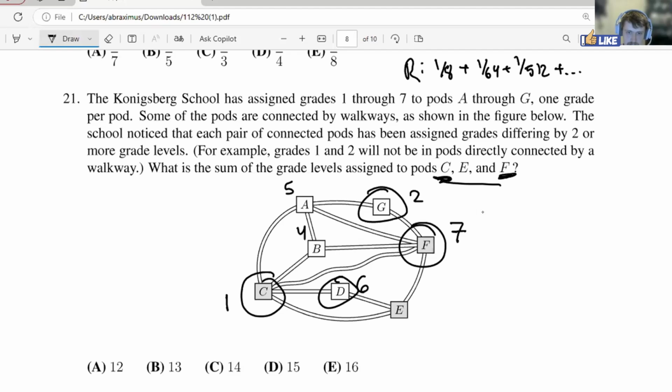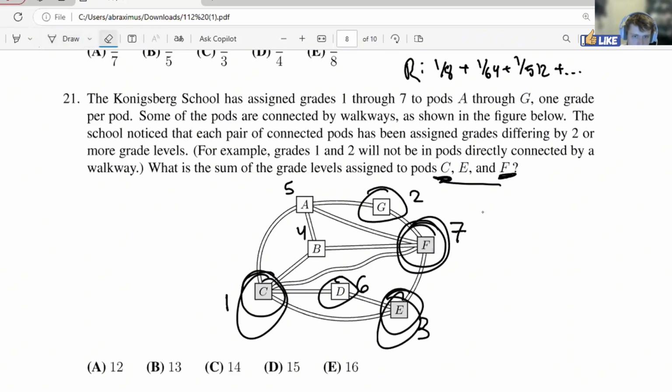I'll make this 4 and this 3. That looks good to me. So we're trying to add up these 3. That adds up to 11. That's not an answer. 4 and 5 can't be next to each other. Sorry. Make this 3 and this 4. And that adds up to 12, which is A.